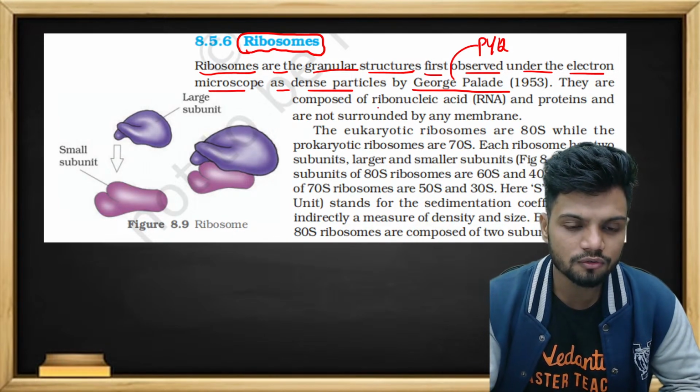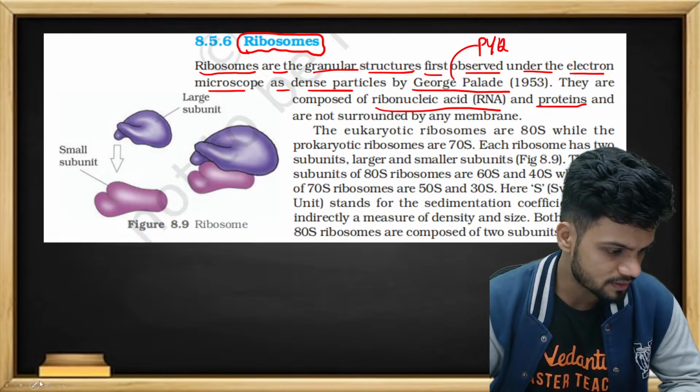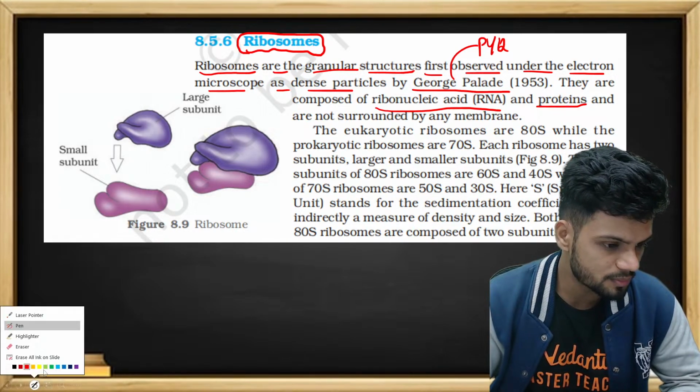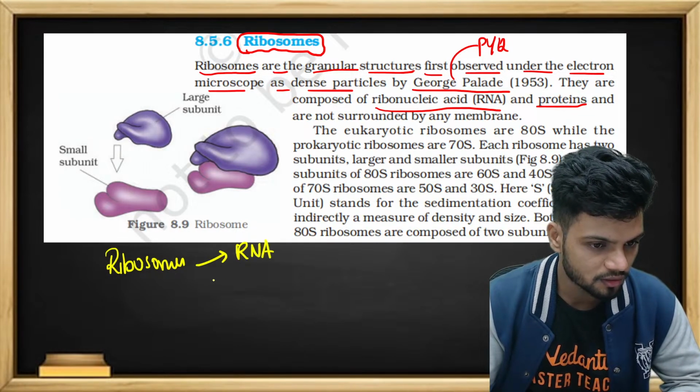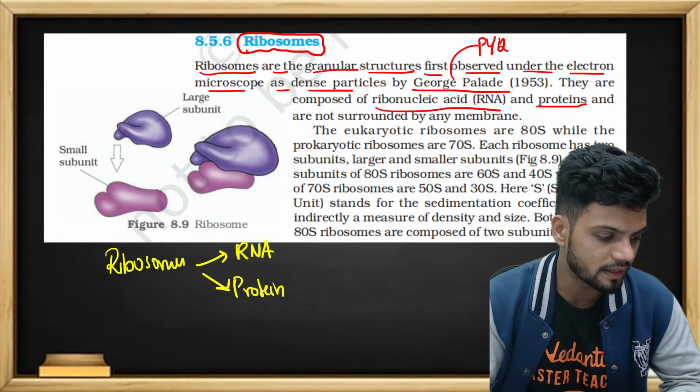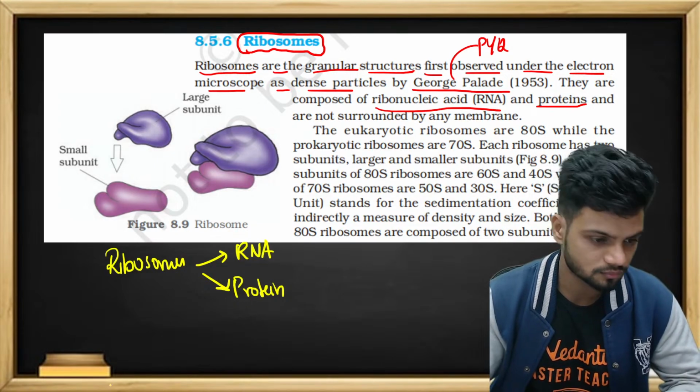They are composed of ribonucleic acid and protein. So if someone asks what ribosomes are made up of, they are mainly made up of RNA and protein.